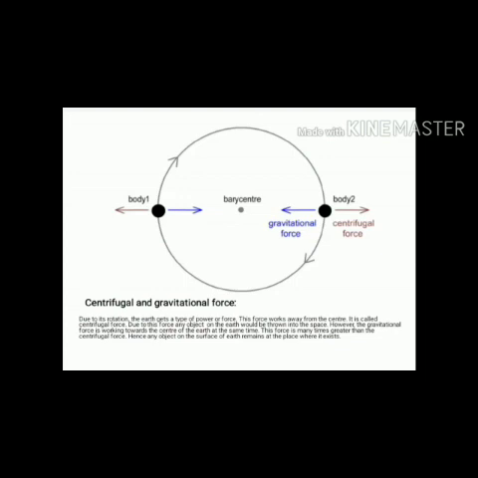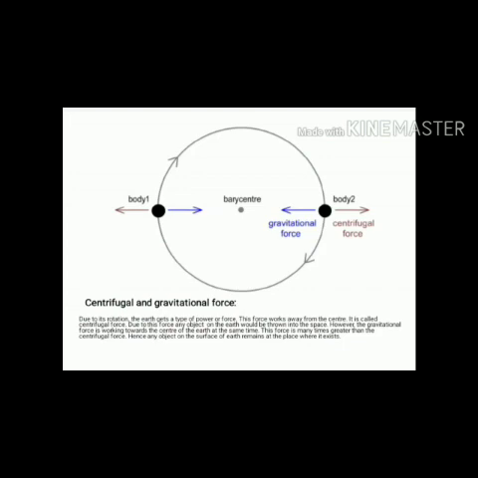Now, what are centrifugal force and gravitational force? Due to its rotation, the earth gets a type of force. This force acts away from the center. It is called centrifugal force. Due to this force, any object on the earth would be thrown into space.